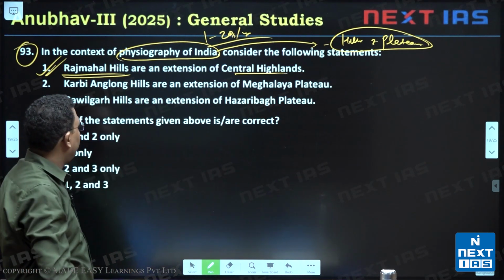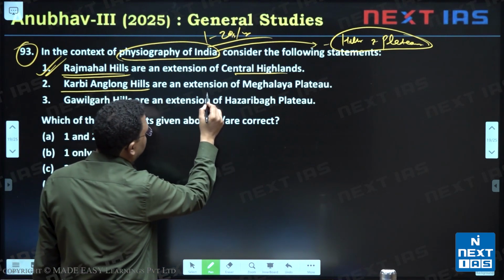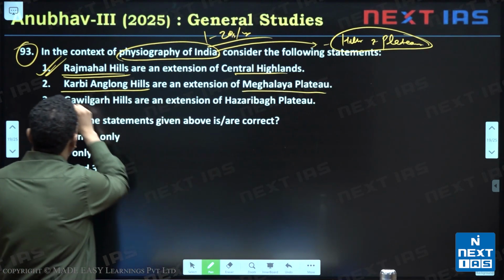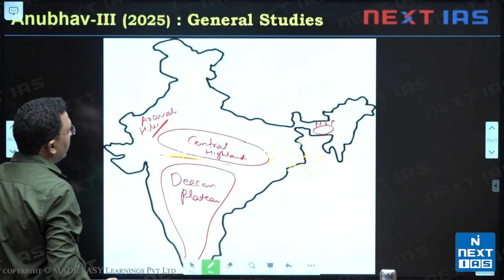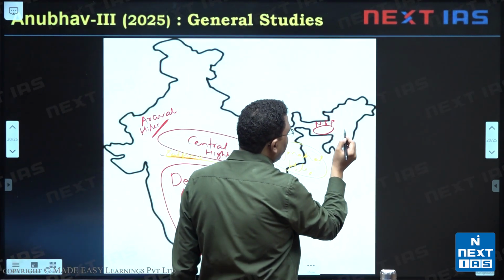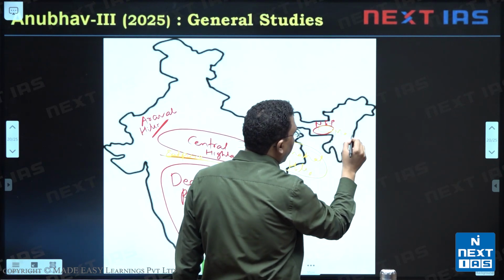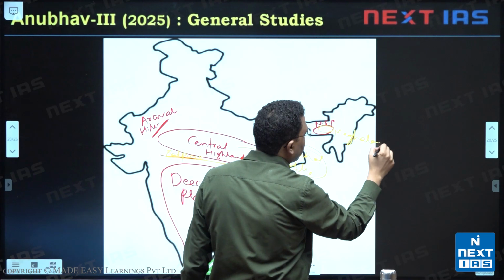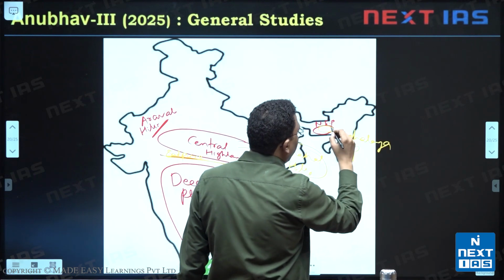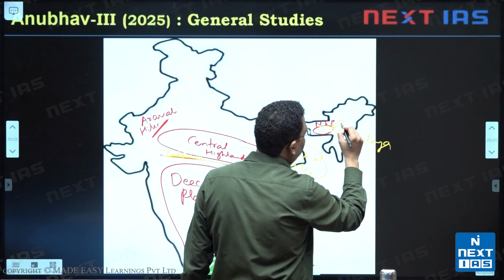Raj Mahal Hills are an extension of Central Highland. This is the correct statement. Second statement says Karbi Anglong Hills are an extension of Meghalaya Plateau. This is also a correct statement. So this Northeastern Plateau, if you see, is made up of two constituents. The first is called Meghalaya Plateau, and an extension of Meghalaya Plateau is Karbi Anglong Plateau.